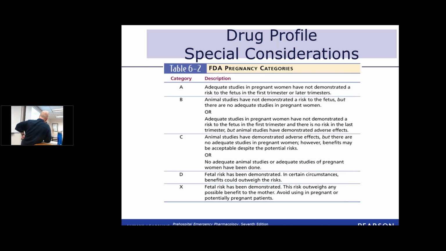Okay, and so that's category B. Category D: fetal risk has been demonstrated in certain circumstances. Benefits could outweigh the risk, and yet there are no huge studies to show this as far as the fetus goes. It's more supposition that if they give this drug, this is what's going to happen with the pregnancy.